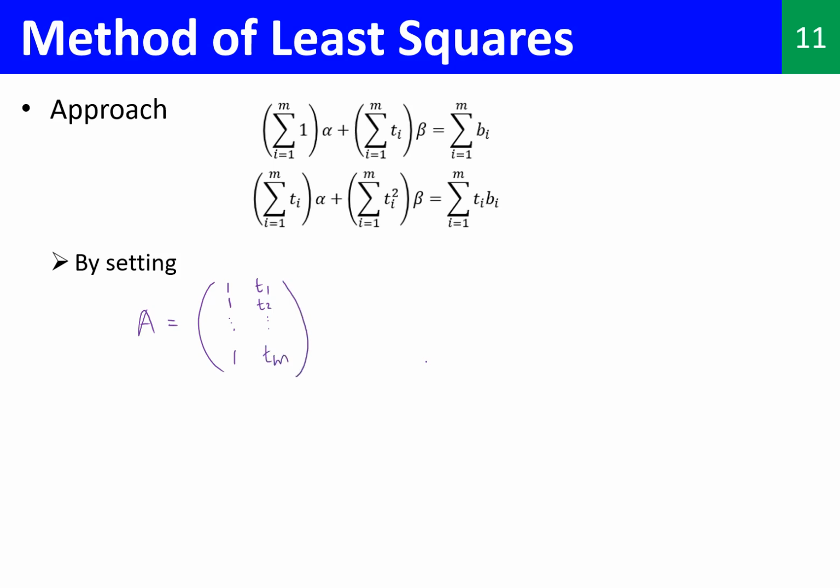So this is an m by n matrix, and I will set B to be B1, B2 to Bm. So this is going to be an m by 1 matrix, and X is equal to alpha and beta. So this is n by 1, and n is equal to 2 in this case, right?